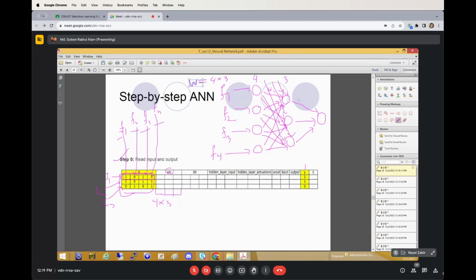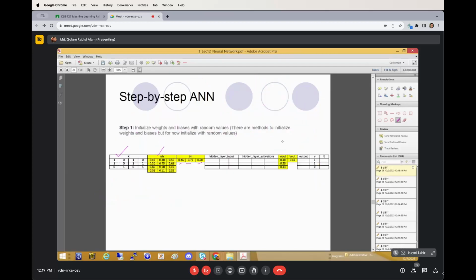So in this case the weight of the output, W of output, 3 values, and also we have to consider the bias of output layer. Okay, bias of output layer, one value. So the weight of the output layer is initialized with just 3 values, and bias of output is also initialized. So this is the initialization.